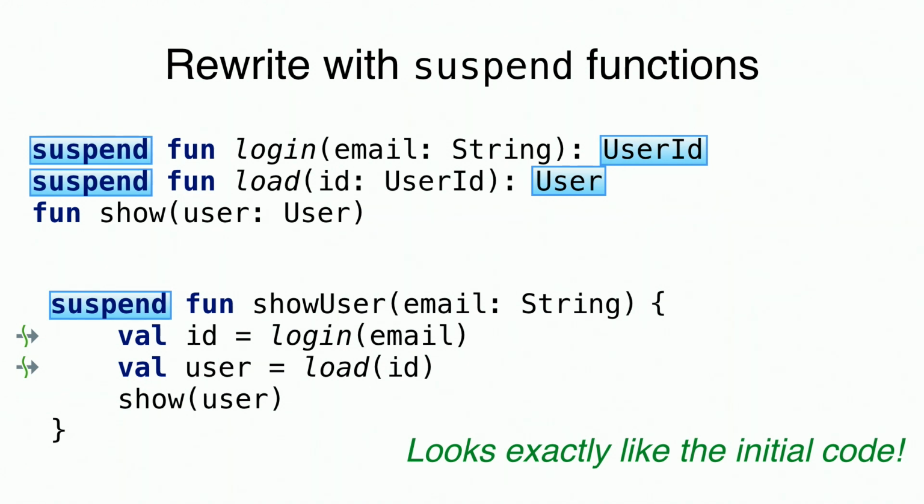But now the solution with coroutines for simple use cases like this one looks really straightforward and easy to read and understand. However, it doesn't block the thread. It doesn't have this problem underneath.